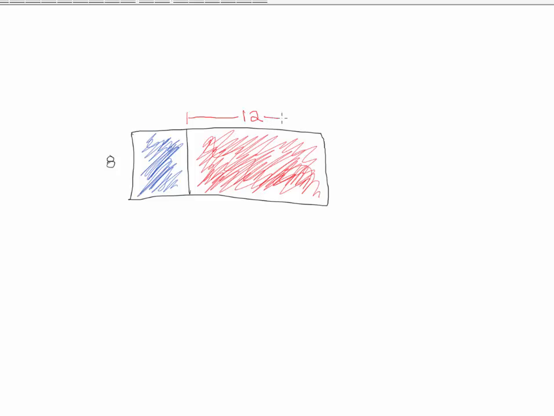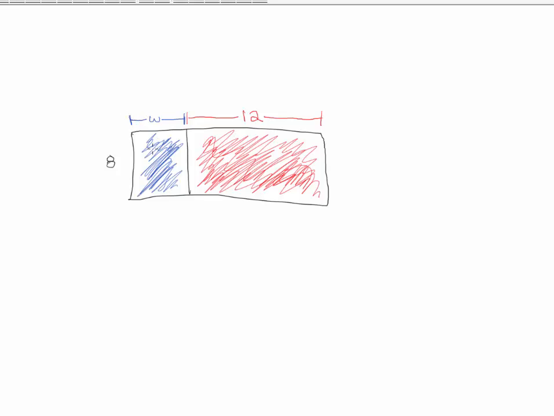But that 12 units long is only covering the red section. We don't know how long the blue section is. So I need a way to represent this portion of the length. So I'm going to come in here and I'm going to use a variable. I could use x, y, z, m, n. Since we do height and width, let's put a w right there. Doesn't have to be a w, I'm just using a w because in context, we're talking about width.